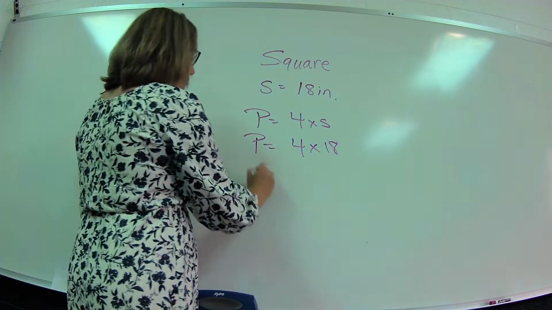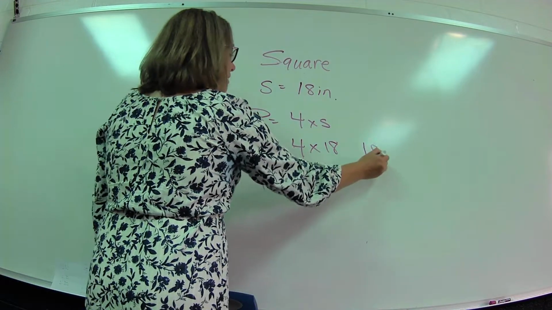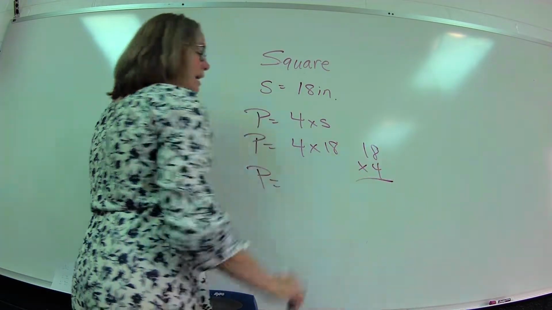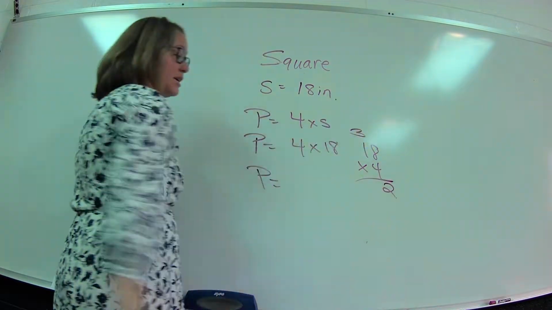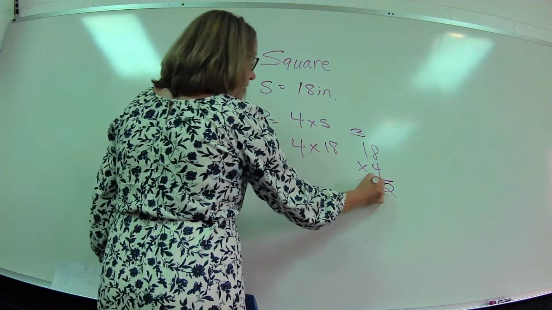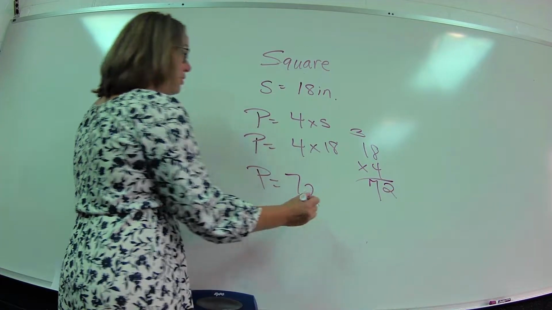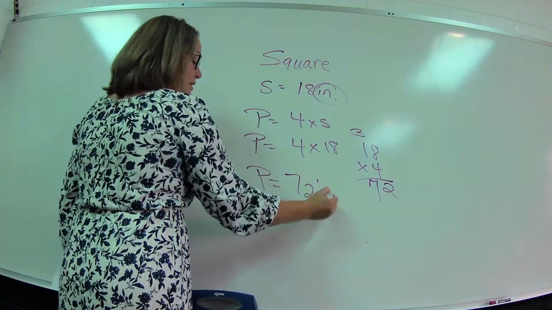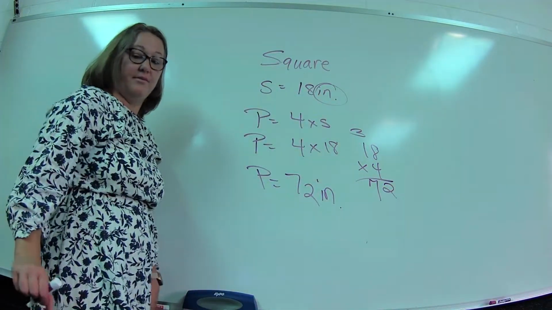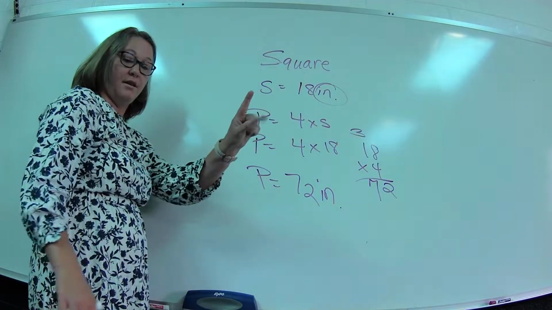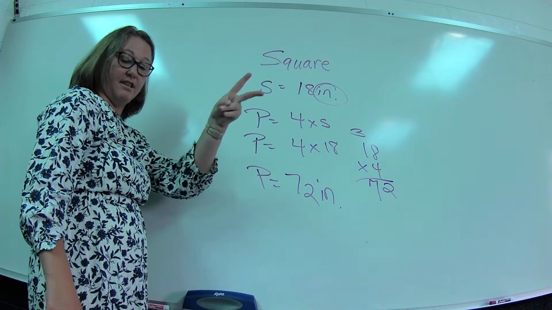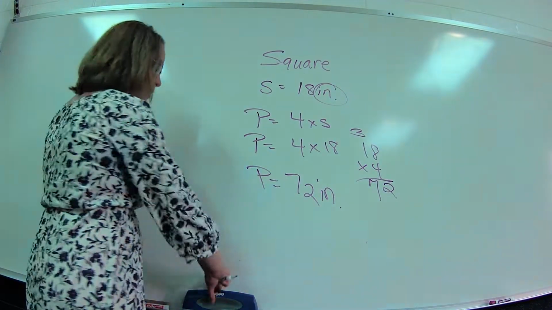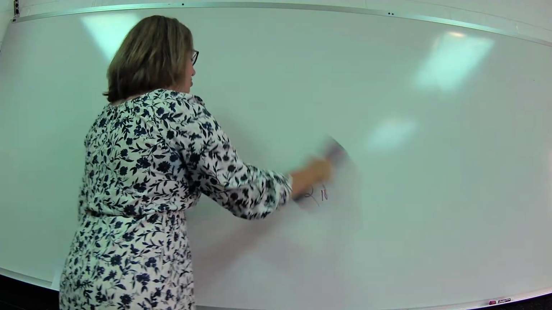Now let's solve. P equals 8 times 4, 32. 4 times 1 is 4, plus 3, 72 inches. Formula, values, solve. Formula, plug in the values, solve. Remember the unit of measurement.